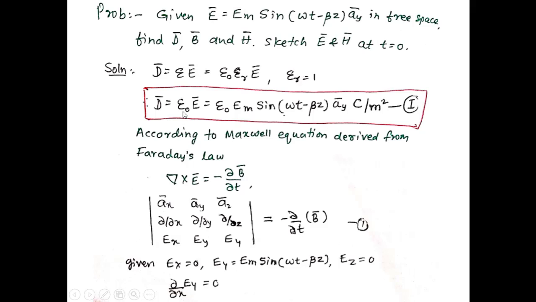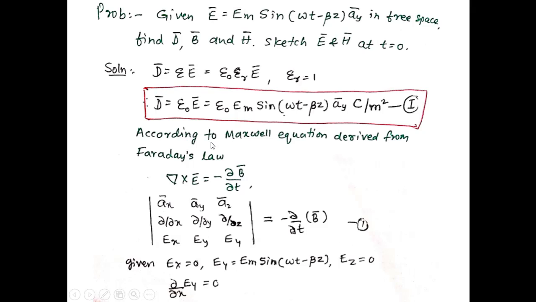Therefore, D bar is equal to epsilon naught E bar is equal to epsilon naught Em sin(omega t minus beta z) Ay bar coulomb per meter square. This is the expression in terms of the electric flux density.